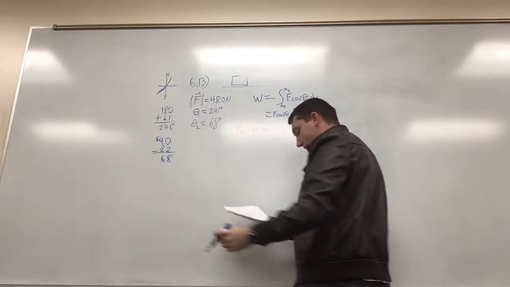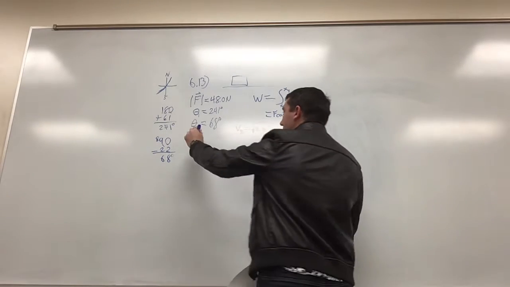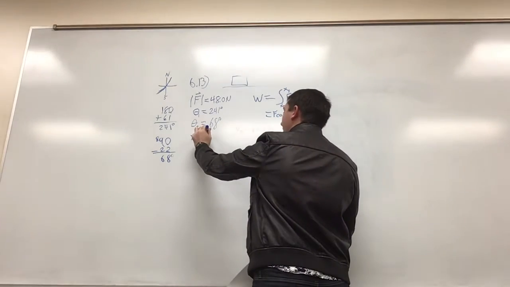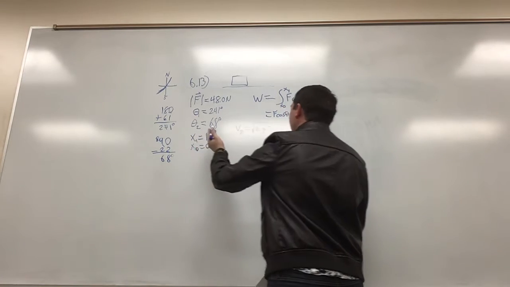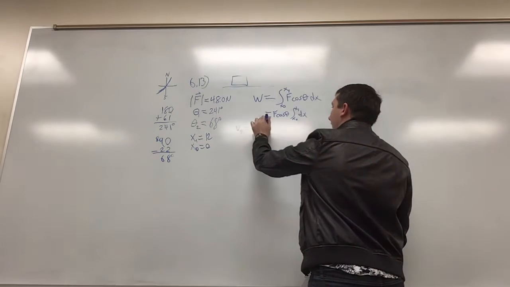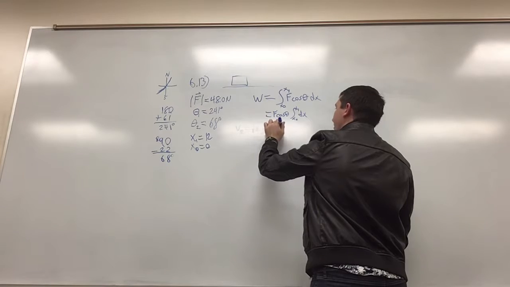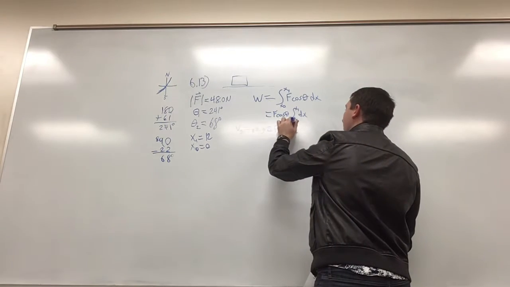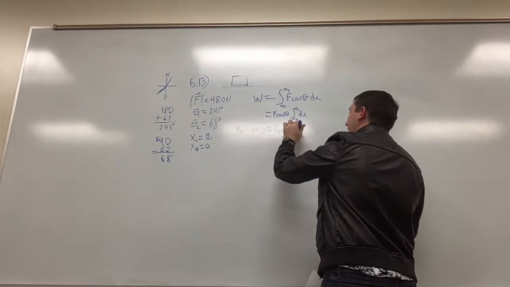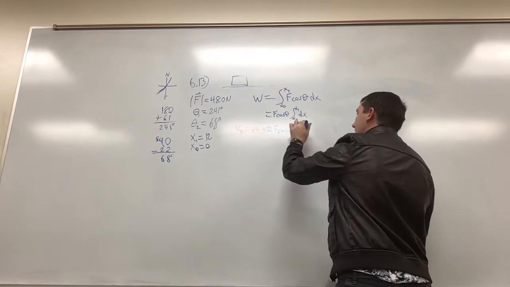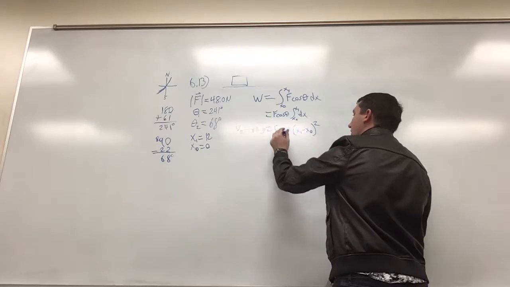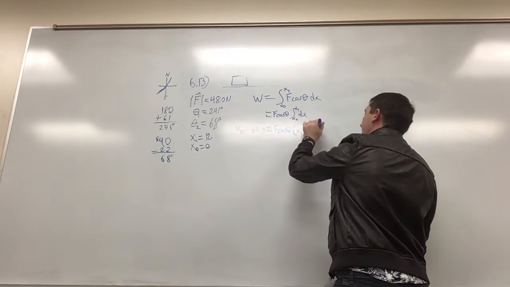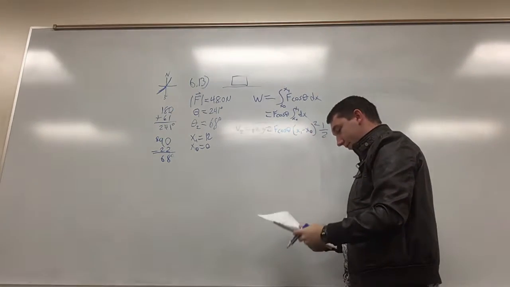We know that the crate moves 12 meters, so x1 is 12, and x naught is equal to 0. So we're going to have the force times cosine of the angle times x1 minus x naught, times 1/2 squared.